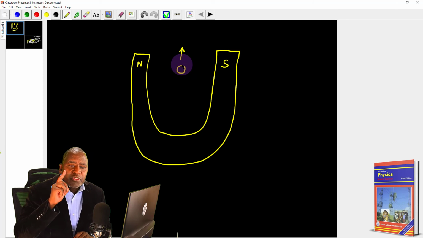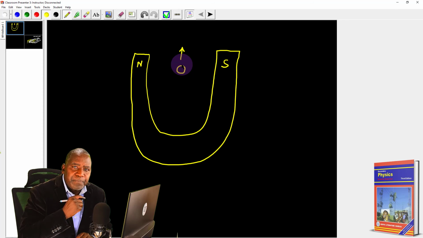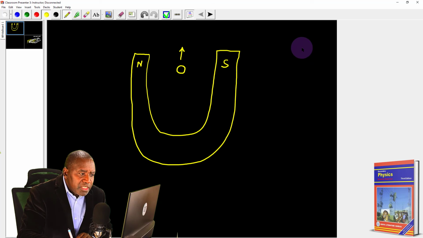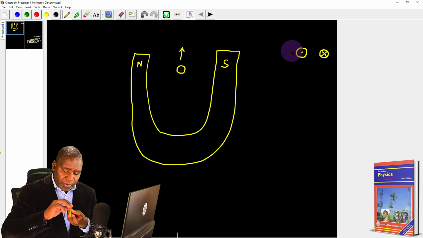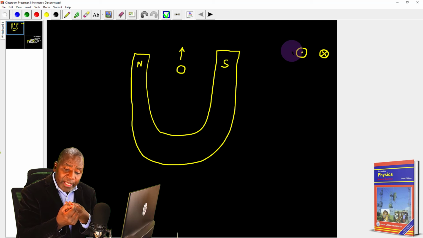There is something else which I want you to remember. If somebody gives you this symbol, a circle and a dot, and another symbol, a circle and an X, this is what they mean. The circle means that you are looking at the cross-sectional area of the conductor.